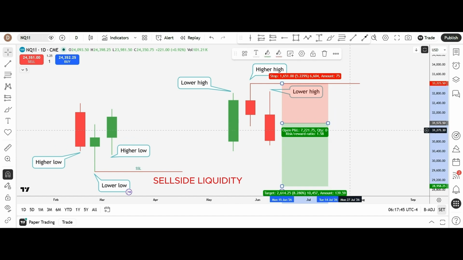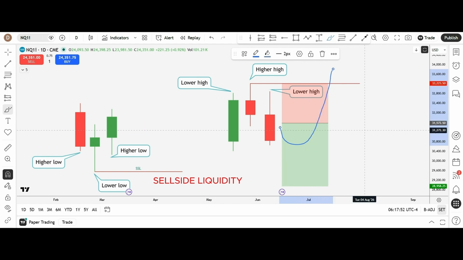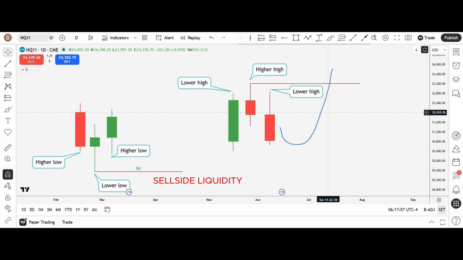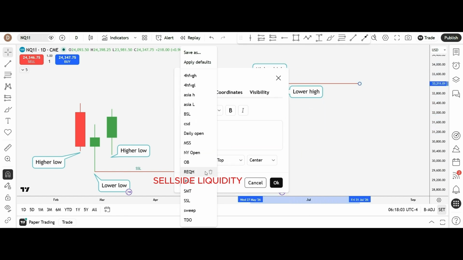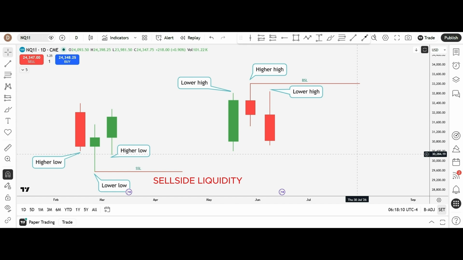In a similar situation, if the trade is going to reverse and move up again, they will be forced to buy the asset back in order to cover their positions. For this reason, this level over here, this swing high over here, is called a buy-side liquidity area.